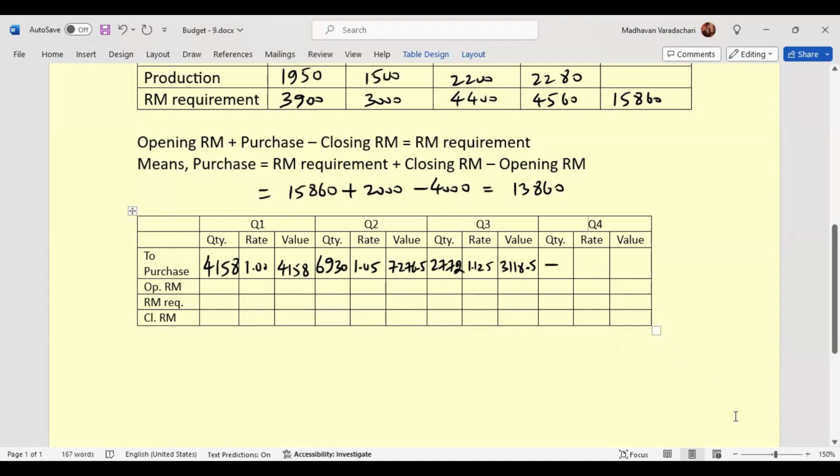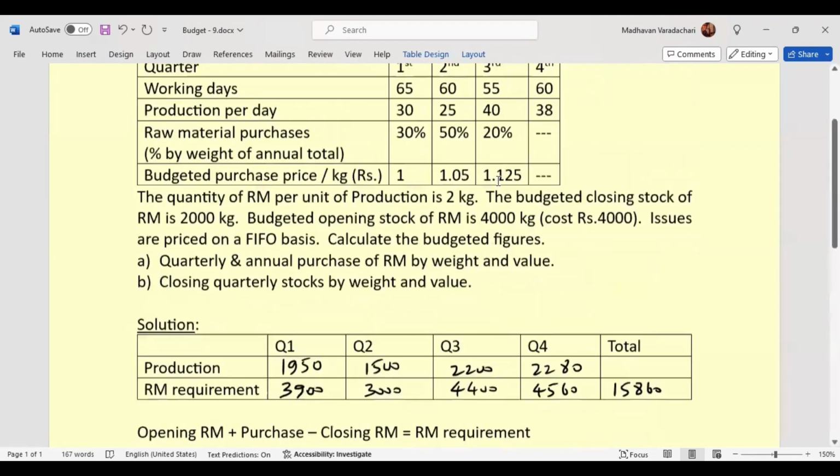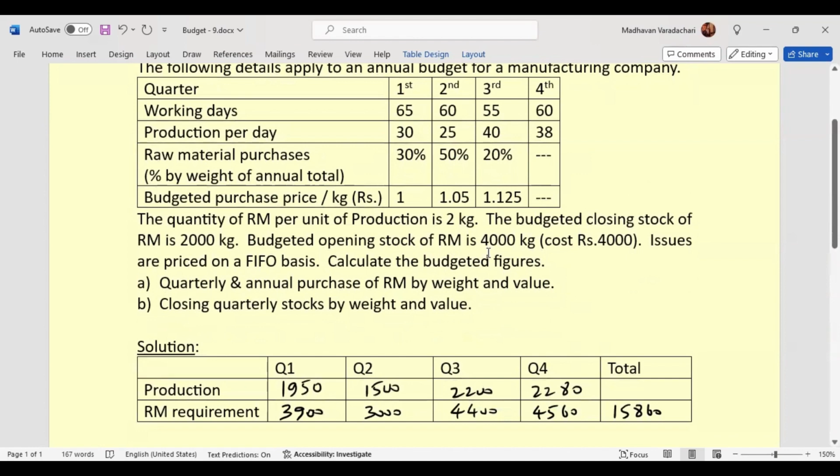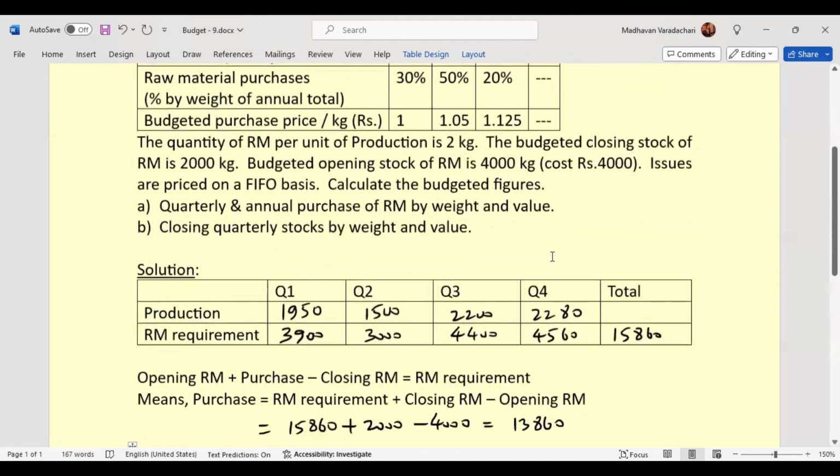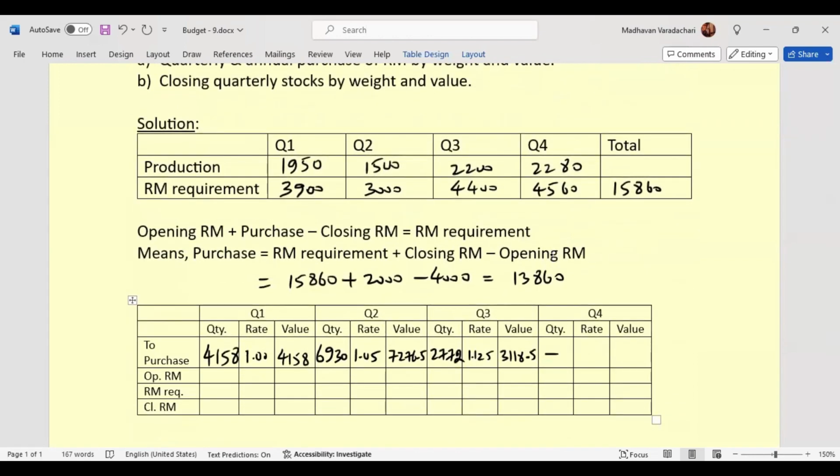Okay. Now, we have the opening raw material given in the question as 4,000 at a cost of 4,000, which means per kg rate is 1 only. Raw material required in the first quarter is 3,900.